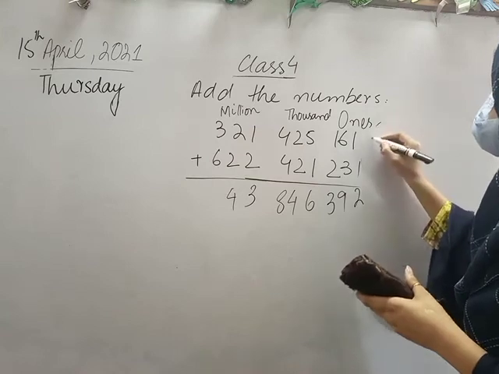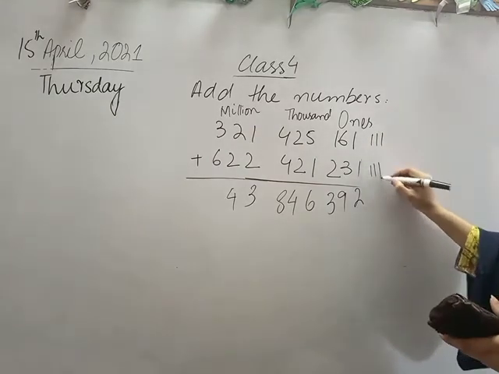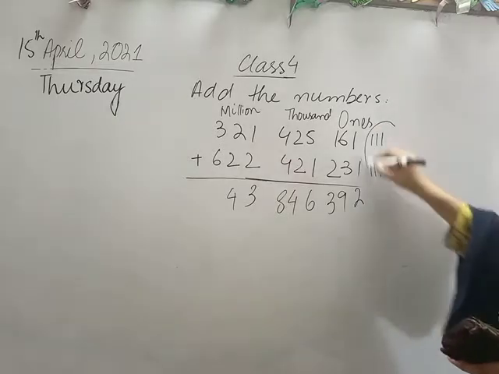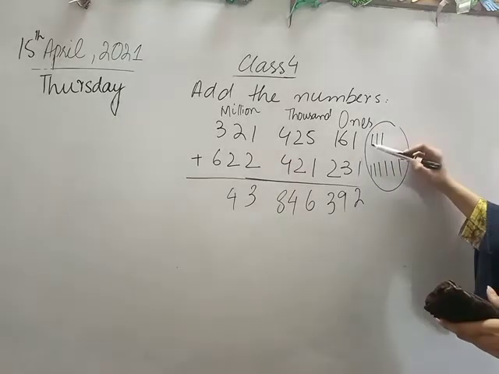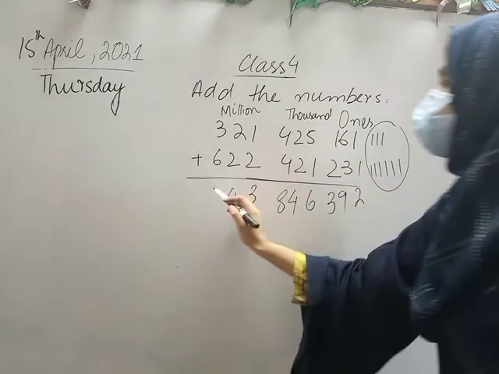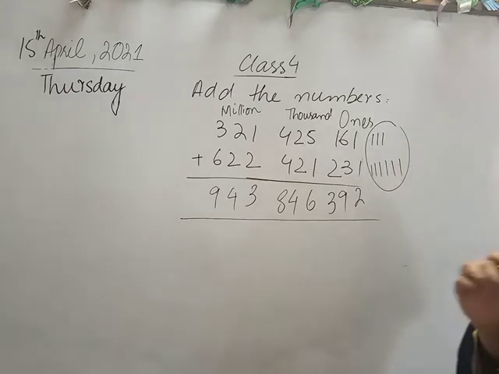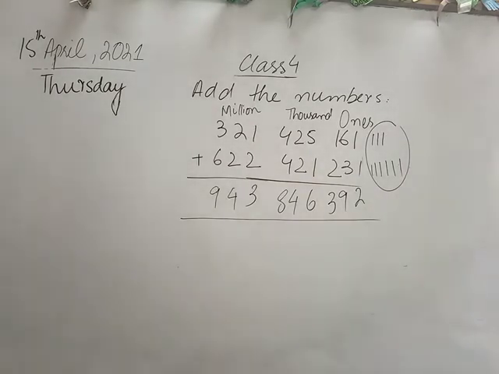So in total I have 9. So this is how we can add numbers which go up to million.